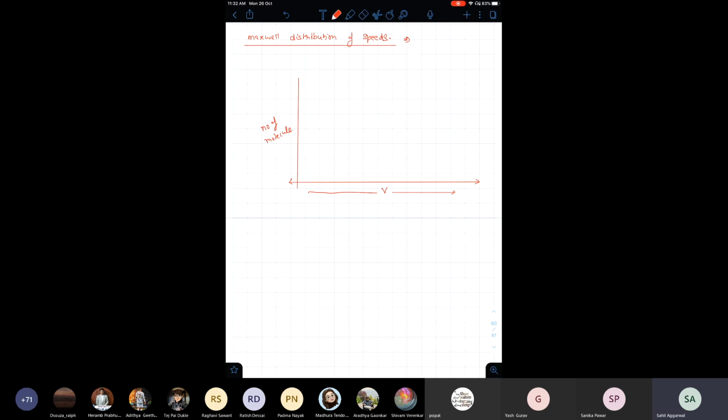He said that a lesser number of molecules have lesser velocity, and a lesser number of molecules have higher velocity. Are you getting this graph?